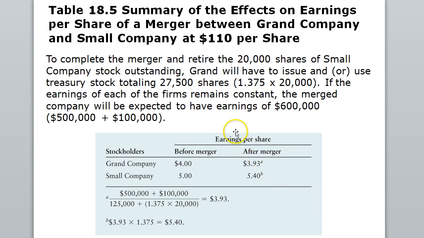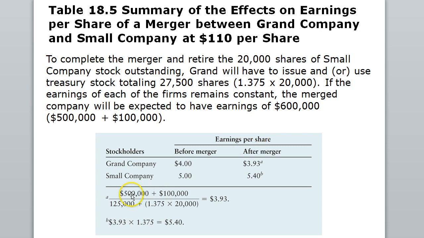Now, let's look at if they complete the merger and retire the 20,000 shares of Small Company stock that's outstanding. Grand will have to issue or use treasury stock and create 27,500 new shares in the market. And that's the exchange ratio of 1.375 times the 20,000 shares it's exchanging. So if the earnings for each of the firms remain constant, the merged company would have new earnings of 600,000.